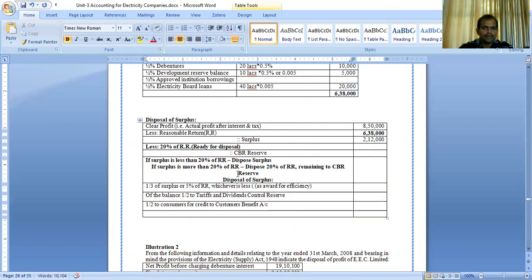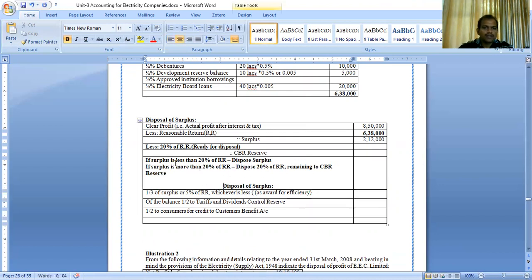See, if surplus, this surplus, 2,12,000, is less than 20% of reasonable return, dispose surplus. So we have to calculate the 20% on 6 lakhs 38,000 into 20 percentage.